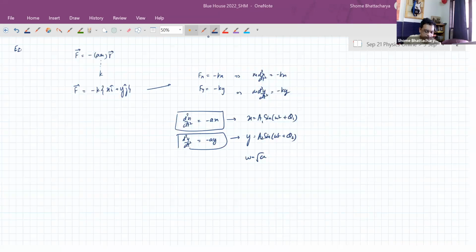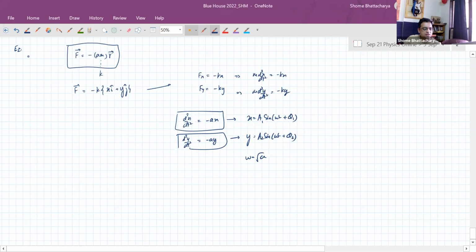Okay, so the question is like this. I'm reading out the question once more. It says that a particle of mass m moves according to the equation F is equal to this, where R is the position vector in a two-dimensional plane. So a particle of mass m is acted upon by a force like this. It moves in a two-dimensional plane, such that at any point of time, the net force acting on it is given by this. First of all, is the question clear?